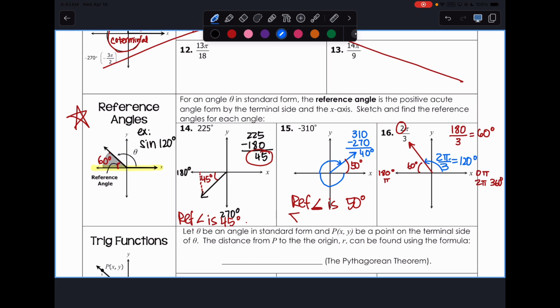Does that make sense? Because you want to be able to make a right triangle. Can you make a right triangle with 120? Nope. So you use the other side of it. The reference angle is 60 degrees this way. So reference angle is 60 degrees. Okay?